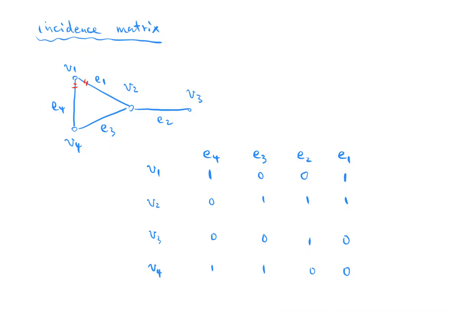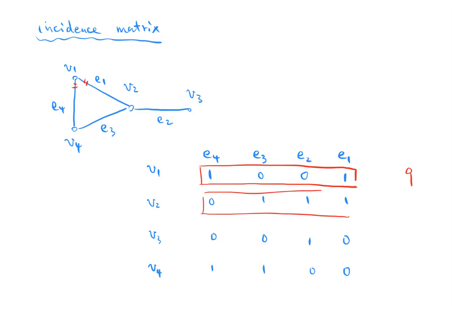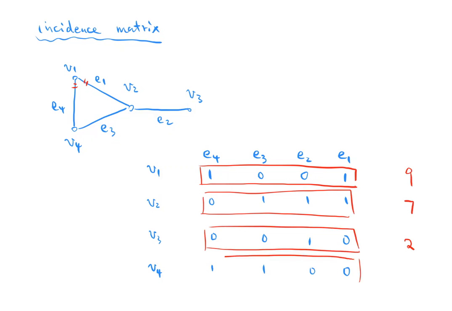A squared? Okay, too complicated, there is a much simpler way. For us, each row is a binary number. That's 9. That's 7. That's 2.